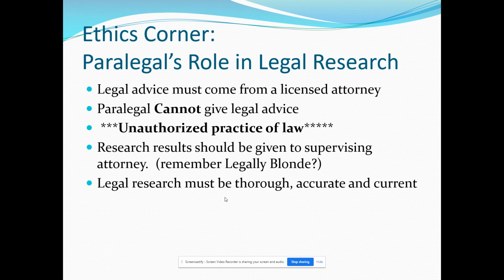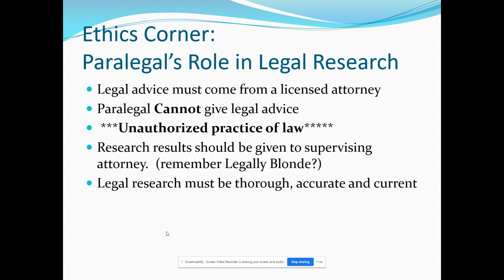So you're just giving the first step, and then they have to have supervision. So just be very careful. In every document that you sign, make sure you sign as whatever your title is, legal assistant, paralegal, law clerk, whatever your authorized title is, so that nobody thinks you're pretending to be an attorney and to give legal advice.